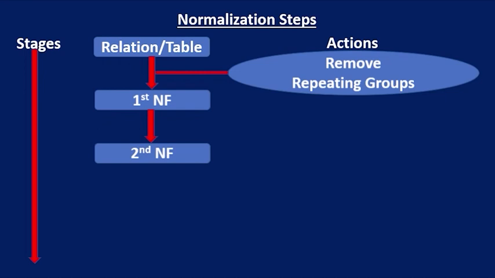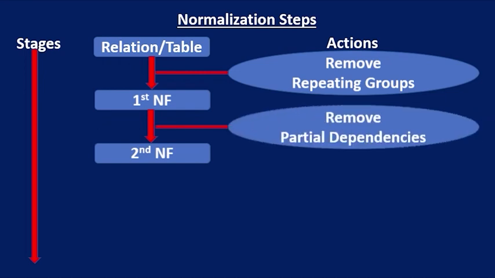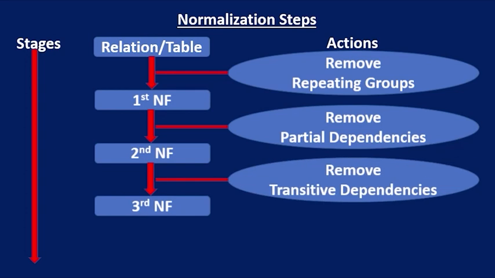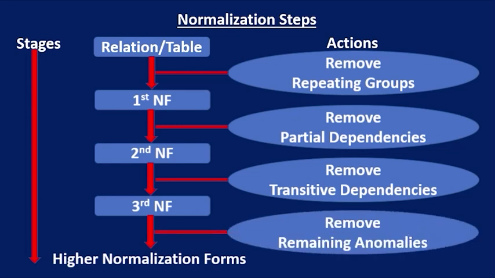Actions required are remove partial dependencies. Then we move to third normal form. Actions required are remove transitive dependencies. Then move to higher normalization forms. Remove remaining anomalies. That is beyond the scope of our topic.